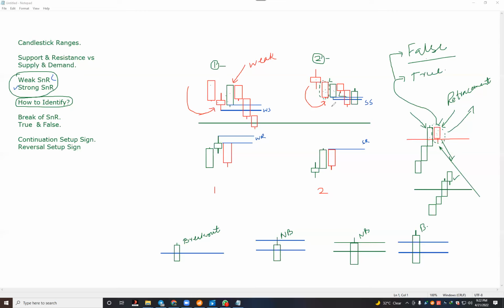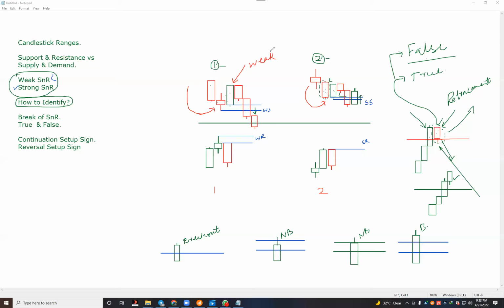So what's the difference? When a weak support breaks, the price will continue. When a strong support breaks, the price will reverse, go back up. The buyers will return. So the weak support, when it's breaking, the price will continue, and when the strong support is broken, this buyer again will return back, right? Yes.